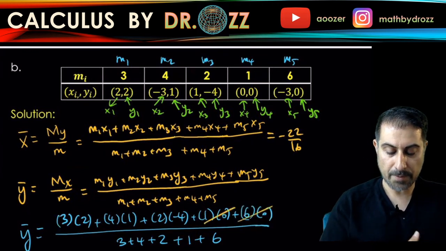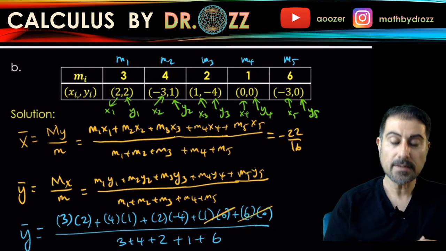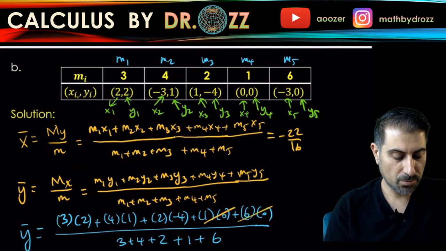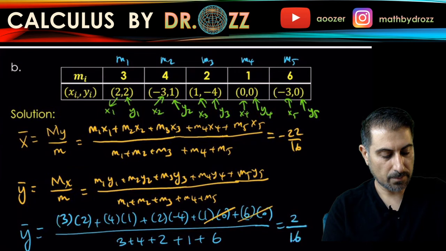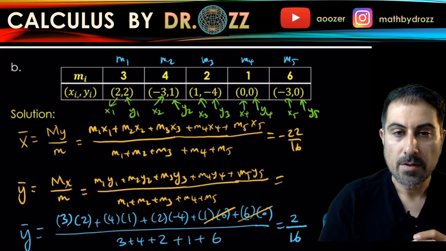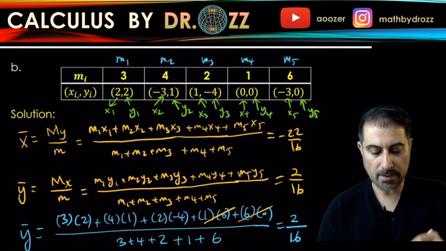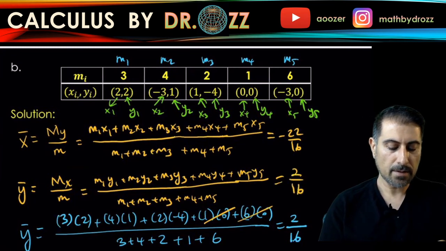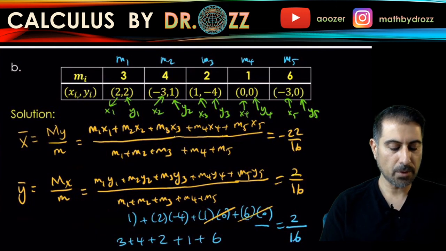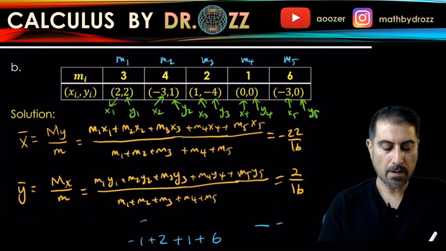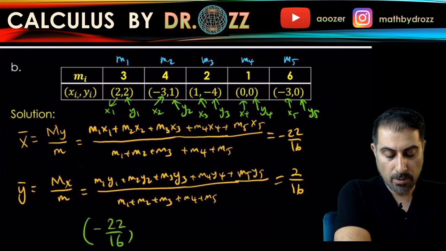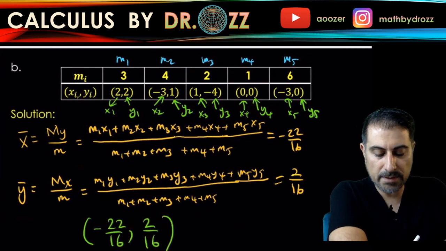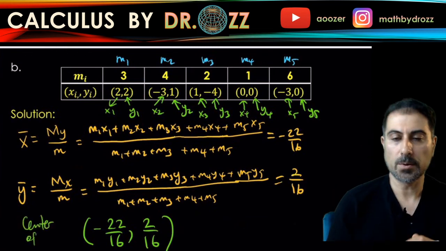But the top becomes 6 plus 4, that's 10, minus 8. So it's going to be 2 over 16. Okay, so you can go ahead and put that down here. So this implies that the center of mass is located at the point with coordinates negative 22 over 16 and 2 over 16. Okay, the center of mass would come with those coordinates.